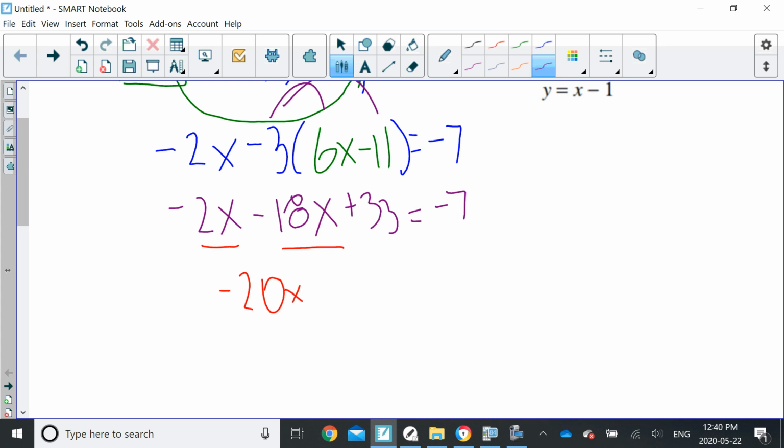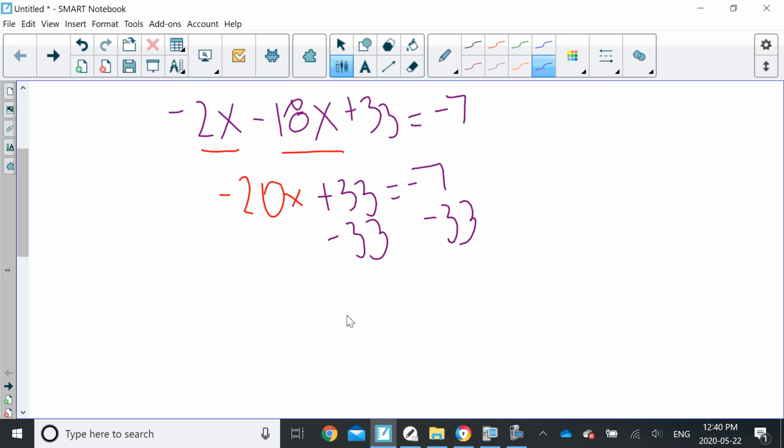Then I had plus 33 is equal to negative 7. Let's get rid of that 33 by subtracting it from both sides. And then what will I have? Negative 20x is equal, what would that be, negative 40?